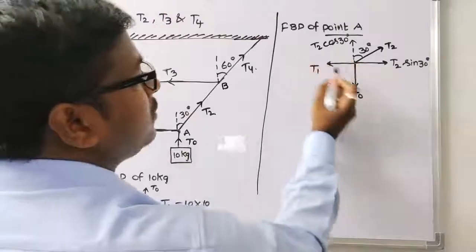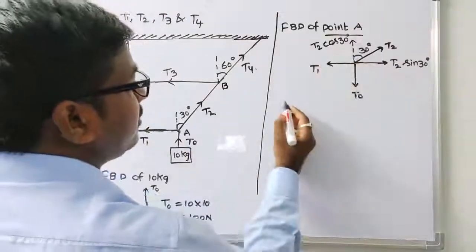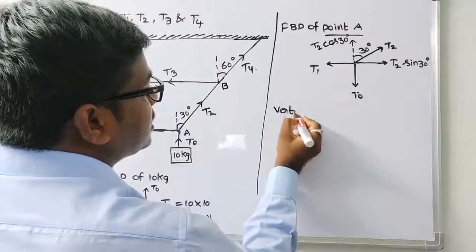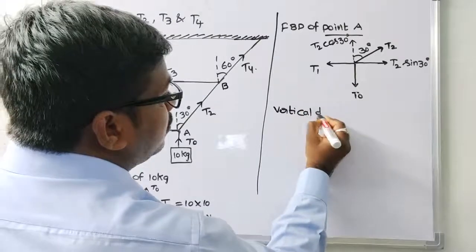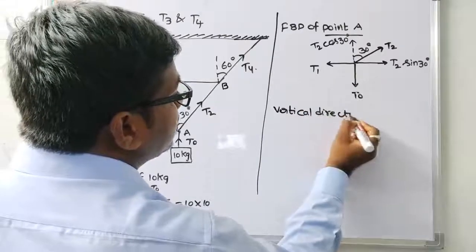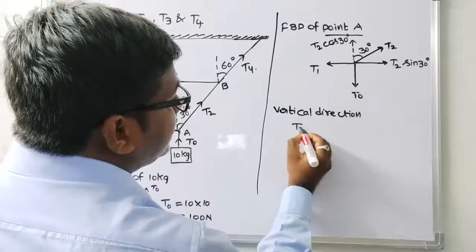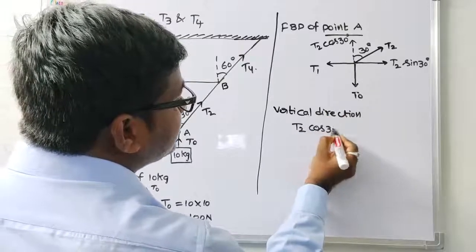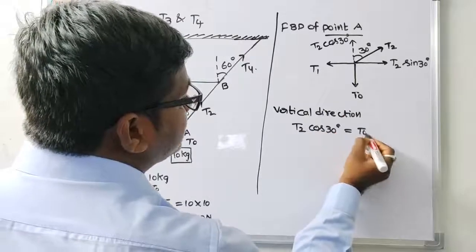In this free body diagram of point A, the T naught value is 100 Newton. First, take the vertical direction. T2 cos 30 degrees is equal to T naught.